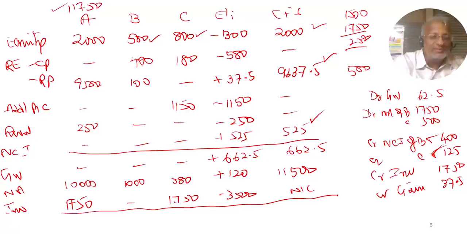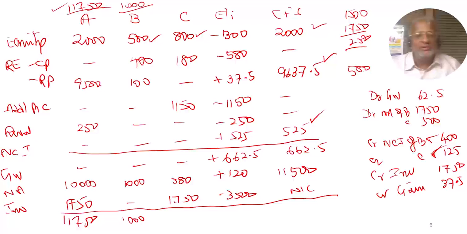Now in the case of B Limited, the total comes to 1000, and this also is 1000. Now for C Limited, it is 800 plus 180 plus 1150, that comes to 2130. The same 2130 is appearing here.